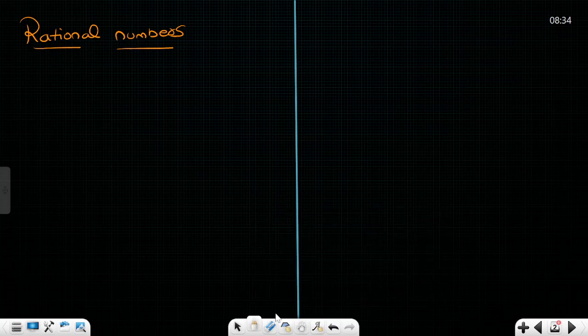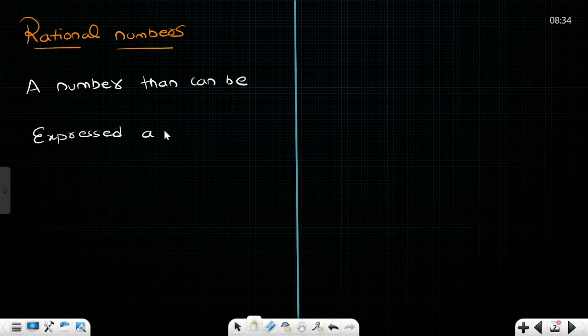The definition of rational numbers: write down, a number that can be expressed as P by Q form, where Q not equal to 0 is called a rational number.